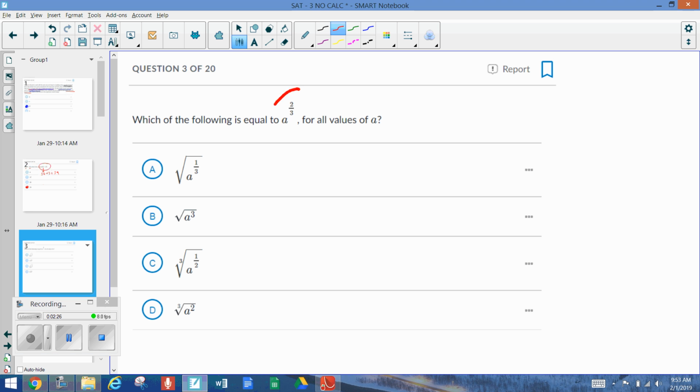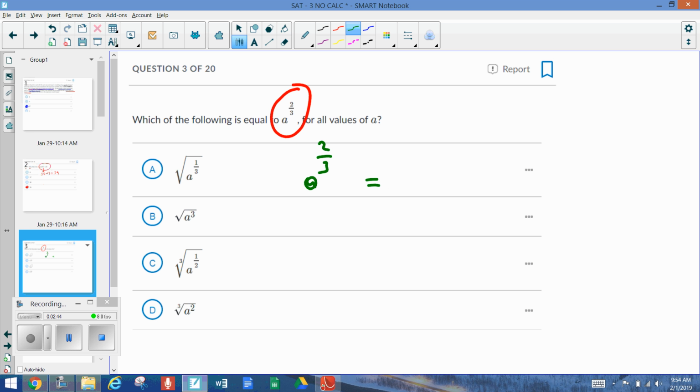So, for example, what is A to the power of 2/3 equal to? Guys, may I have your attention? I'm hoping everybody is looking at this one.